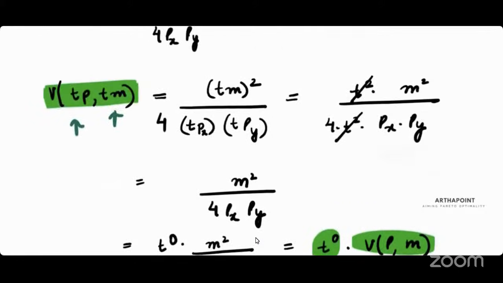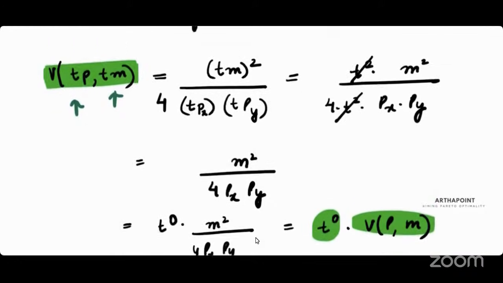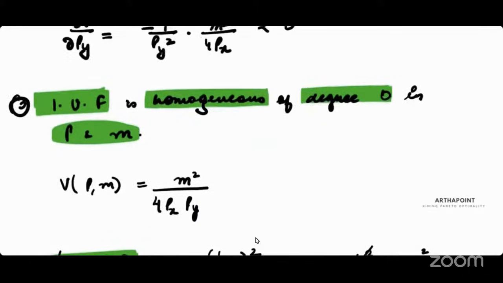Had I scaled only M and not P, then T square would have come out. That would have become homogeneous of degree 2. That's not what I am doing here. I'm scaling both M and P simultaneously, and actually only this is a property which holds true for different functions. If you scale only M or P, then that homogeneity will not hold across functions.